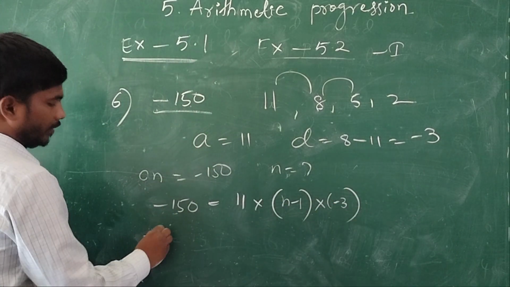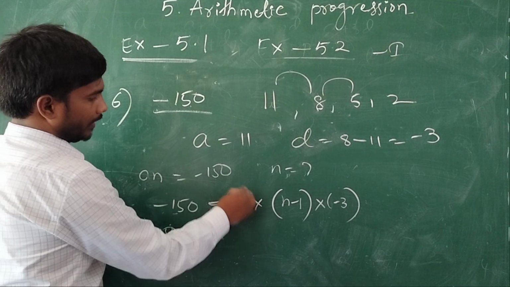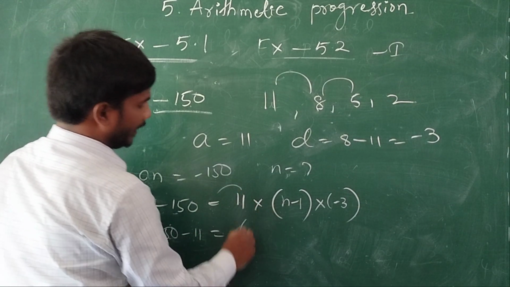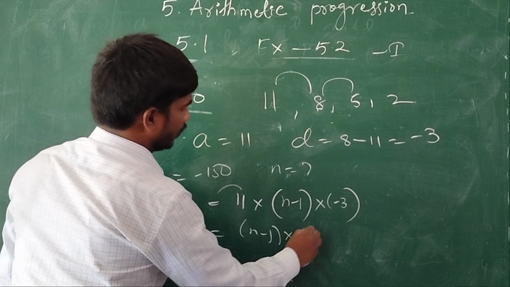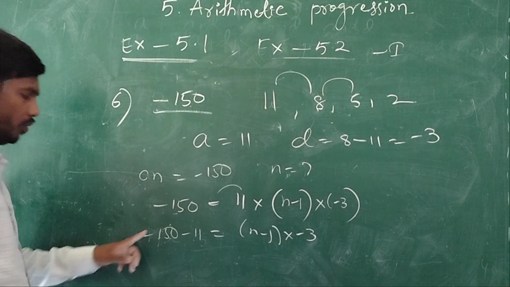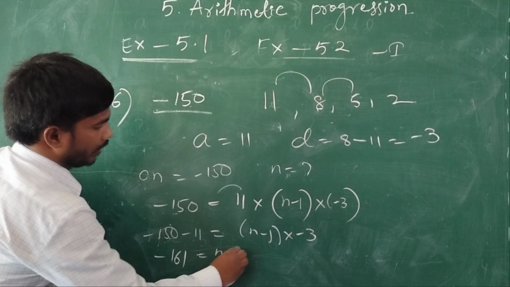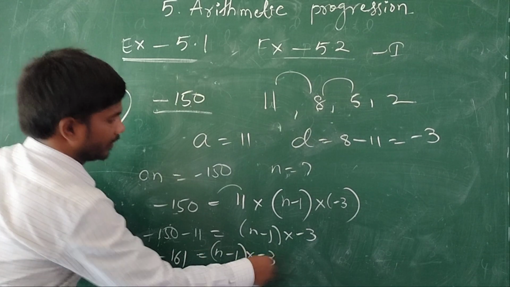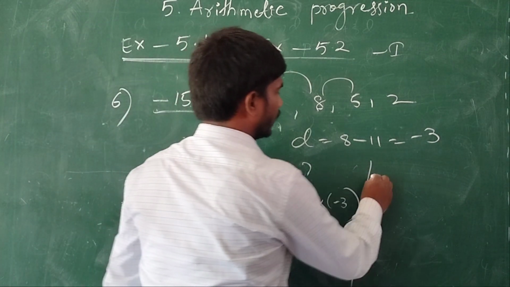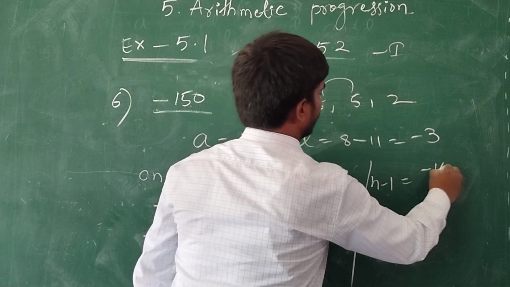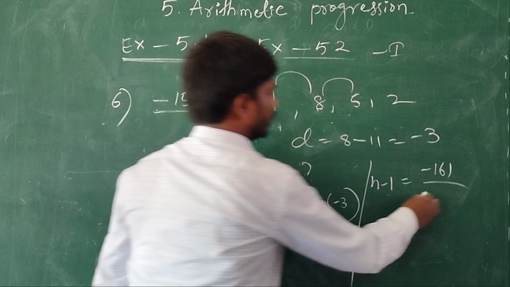So minus 150 minus 11 is minus 161, equal to (n minus 1) into minus 3. Next, n minus 1 is equal to minus 161 by minus 3.